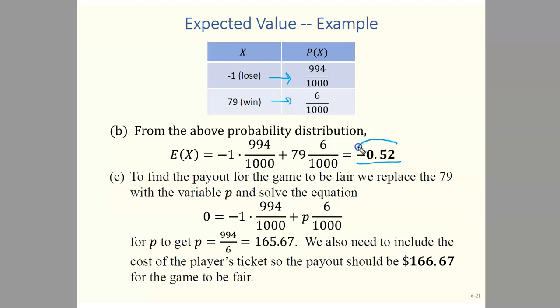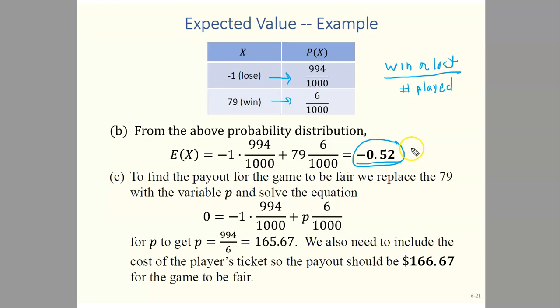What this number means is that if you played the Pennsylvania daily number many times and you kept track of your total winnings or losings, the total amount you won or lost, and you divided by the number of times you played, you would come up with a number very close to negative 52 cents.